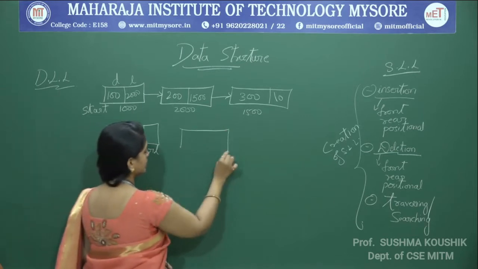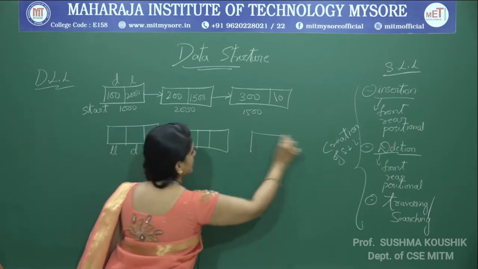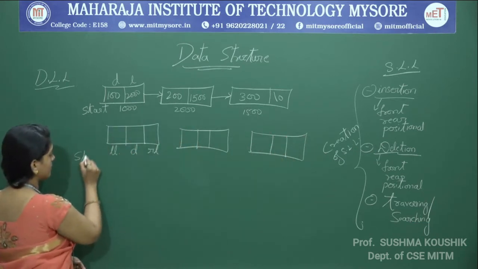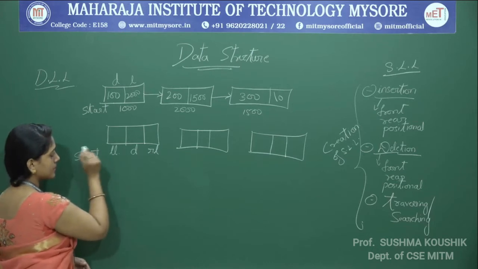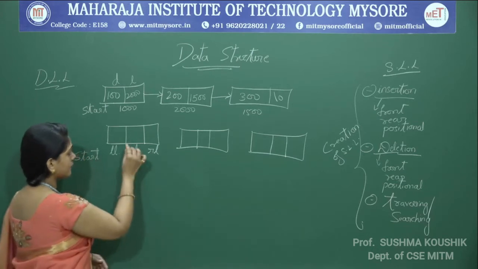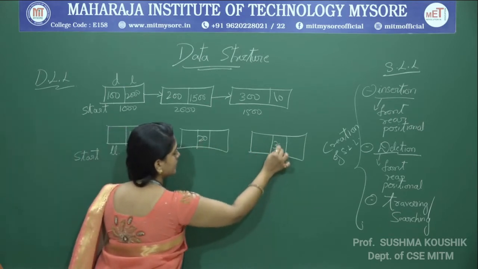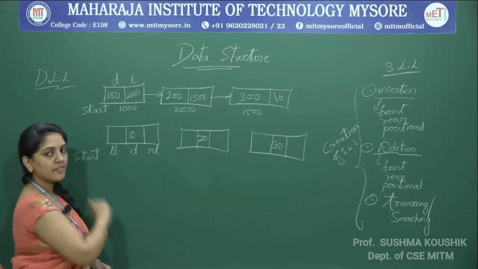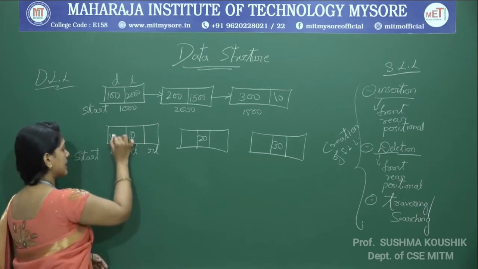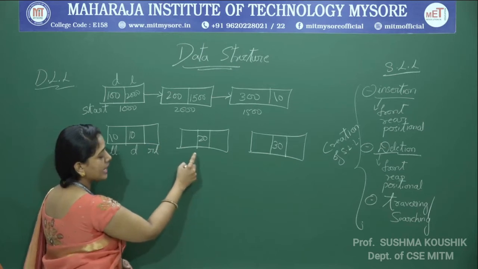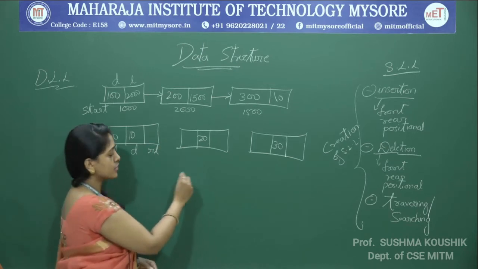Similarly, if this linked list consists of three nodes and the starting pointer is held by start, in the data field we can have some values like 10, 20, 30. The first node's left link will always be null, and the first node's right link will be the address of the next node.